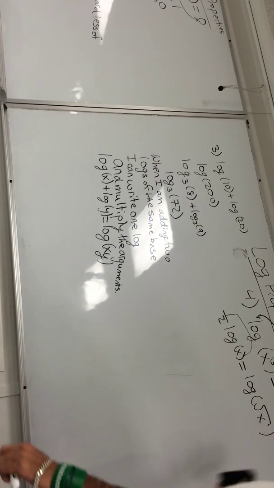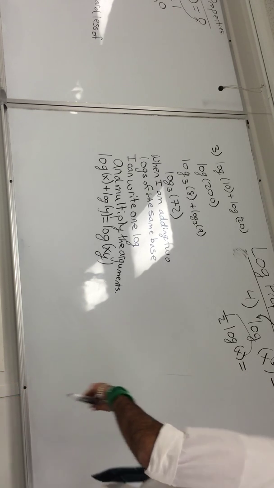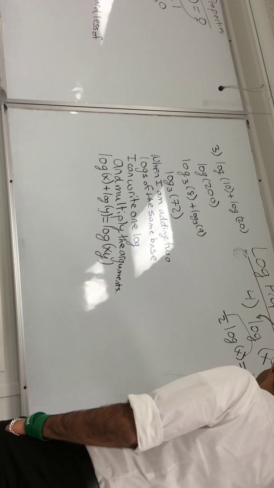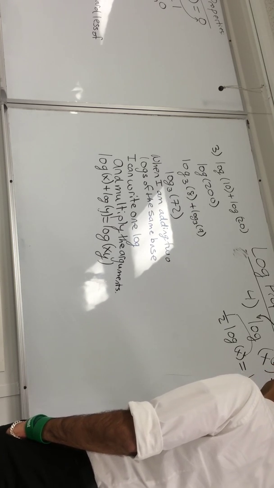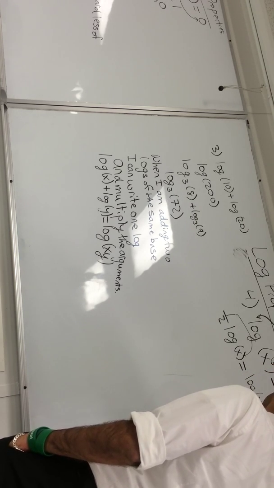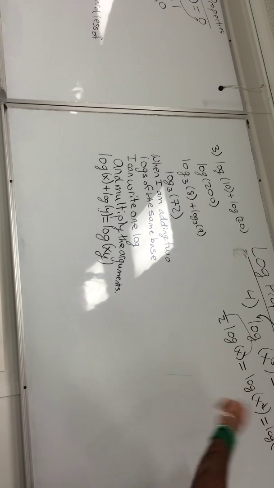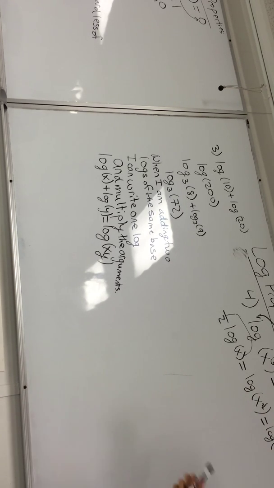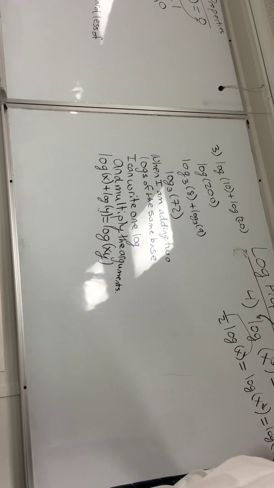Let me actually write it in 2 steps. The 1/2 comes inside, so it's log x to the 1/2, which is the same as log of the square root of x. So the exponent rule yesterday was that the numerator is the power we raise it to, and the denominator is the root we take. So we take the square root of x to the 1st power.